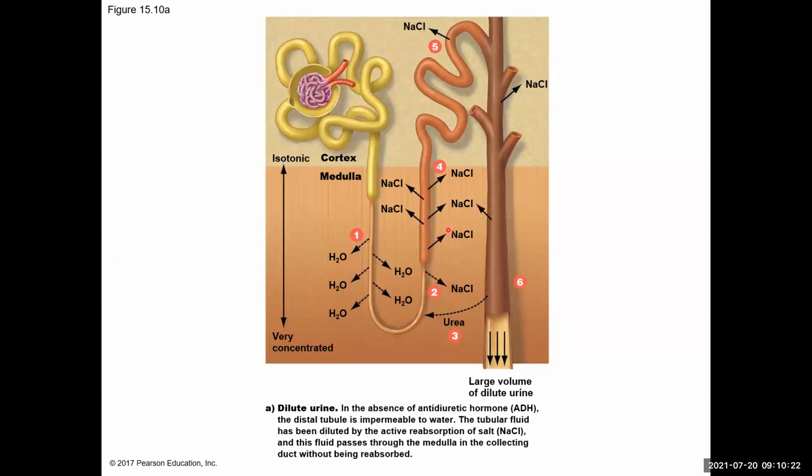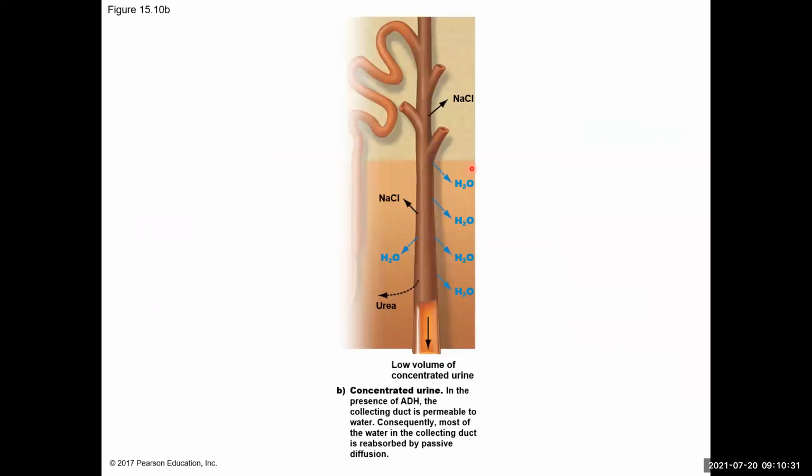So there's a lot of solutes here and a lower amount of water. So if the collecting duct becomes permeable to water, then your water will diffuse out via osmosis because of the amount of solutes. So it will go to the high amount of solutes. So you get a low volume of urine that's extremely concentrated.